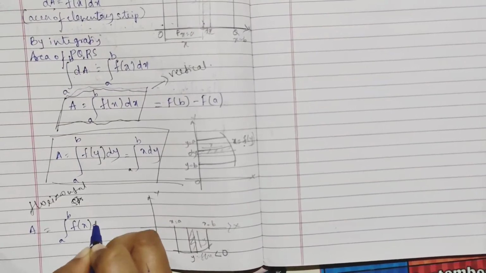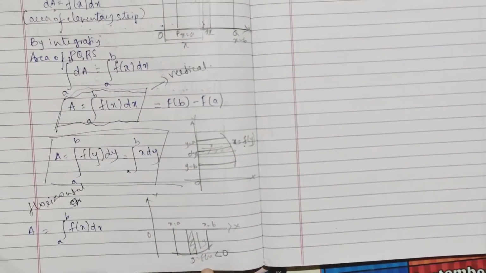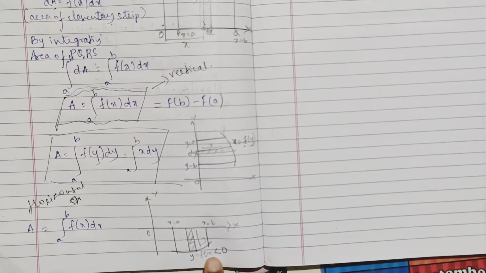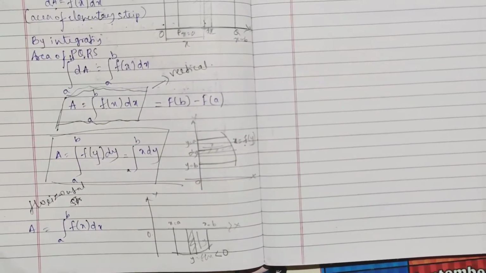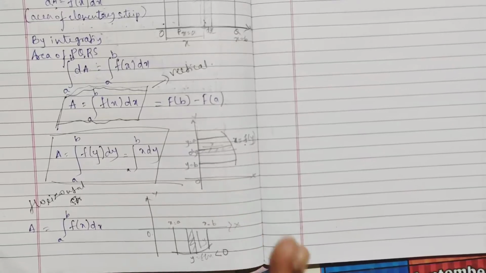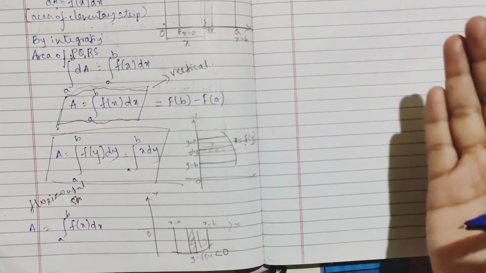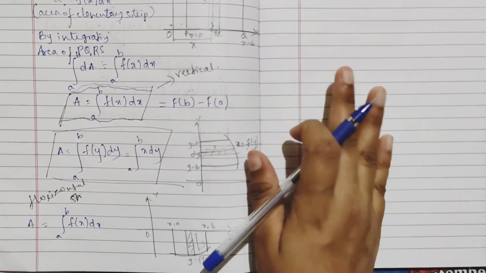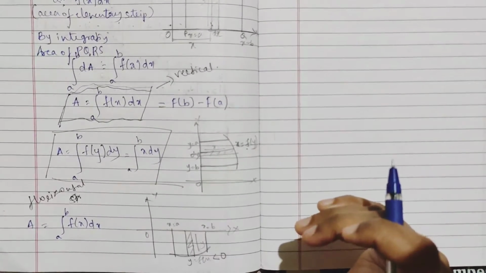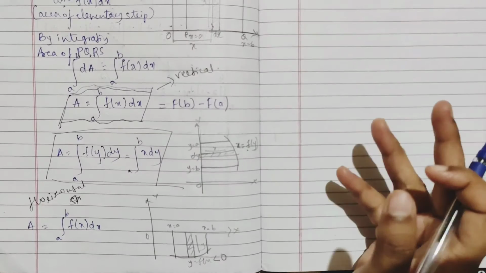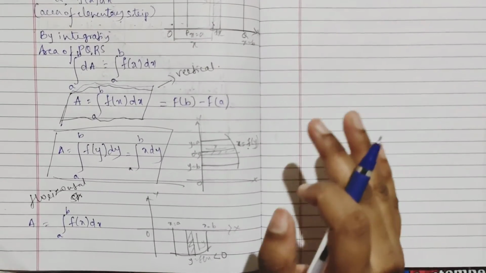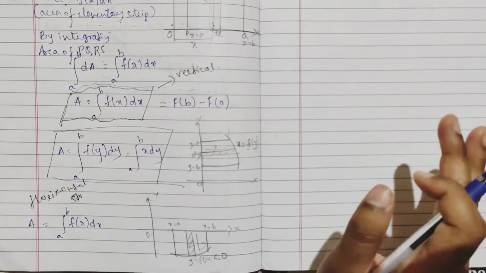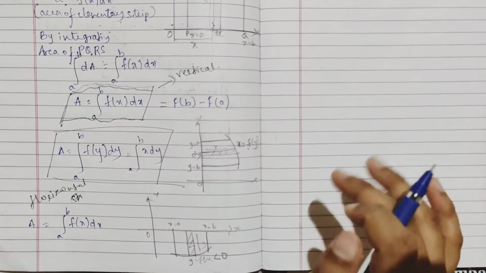F of x dx, but your f of x is negative, so a negative term comes here, and area can never be negative, right? If I ask you what is the area of your room, like your bedroom or your hall, do you say minus 20 square feet or minus 200 square feet?